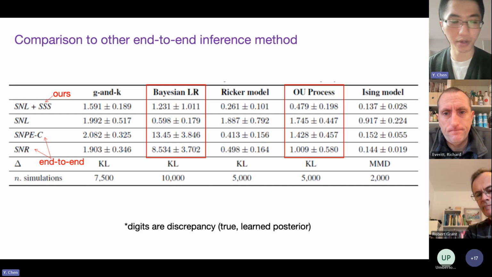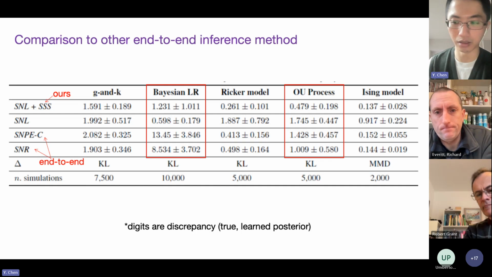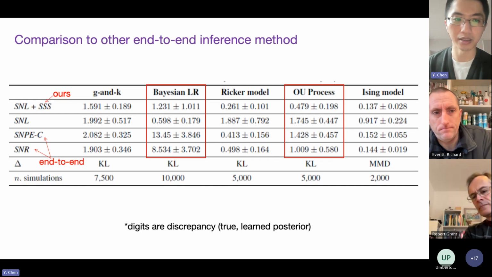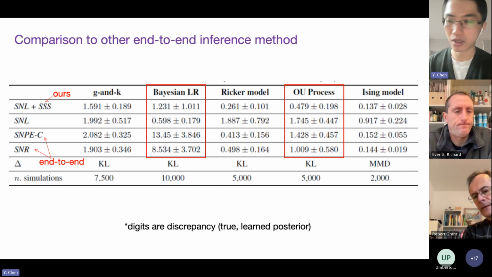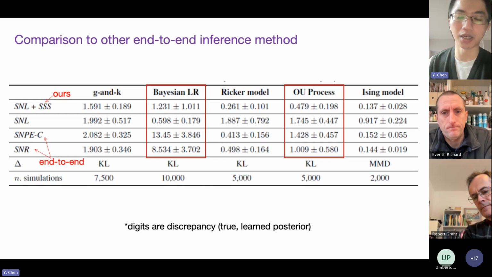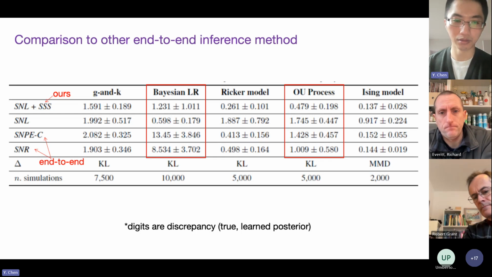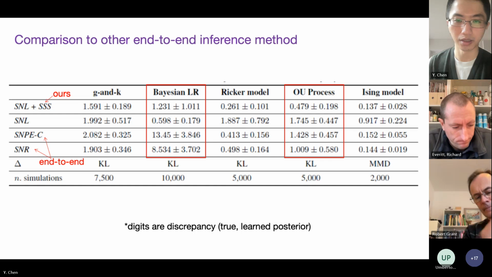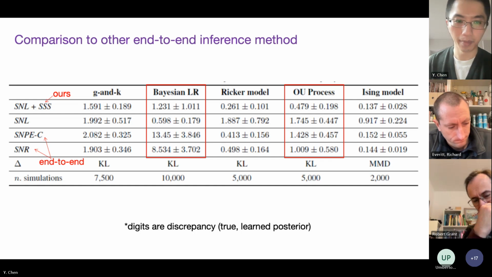One possible explanation is that, according to recent research, ratio estimation methods like SNR and SMPEC may be unreliable in high dimensional cases, because in this case the two distributions to compare are too distinct.